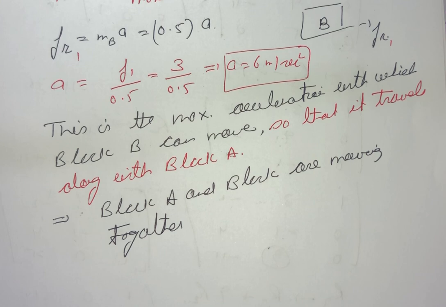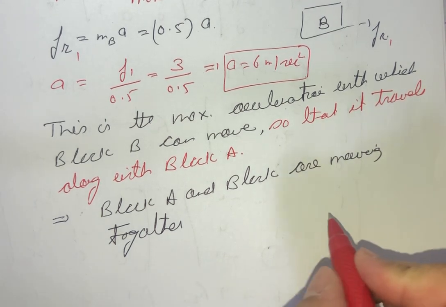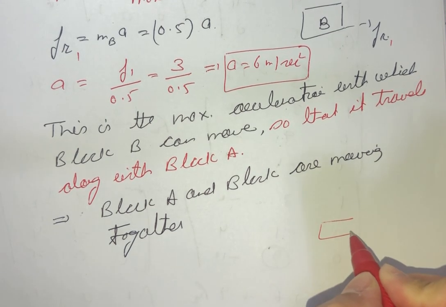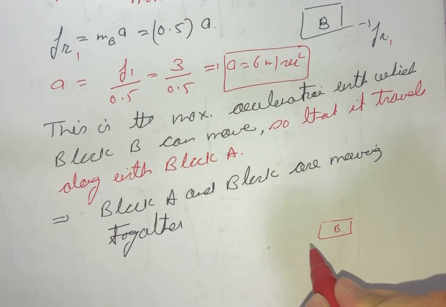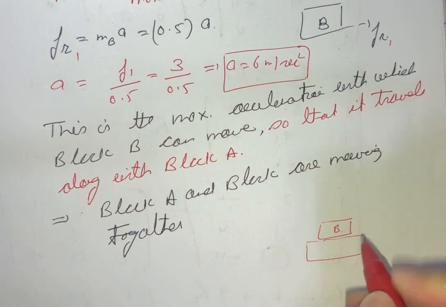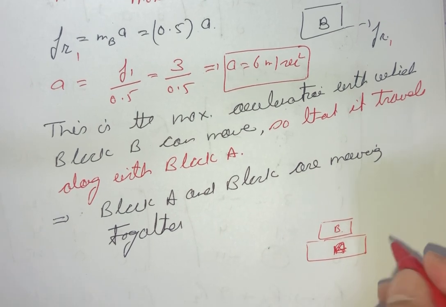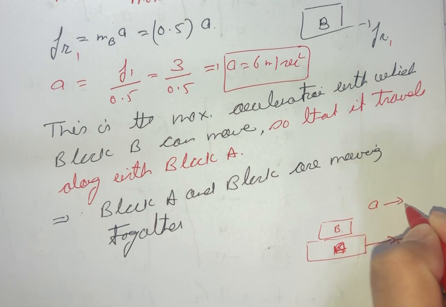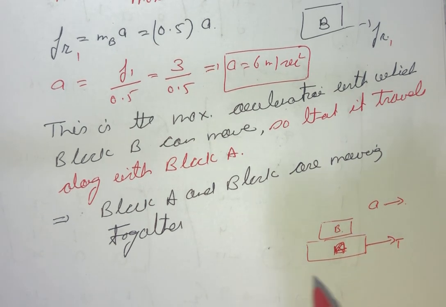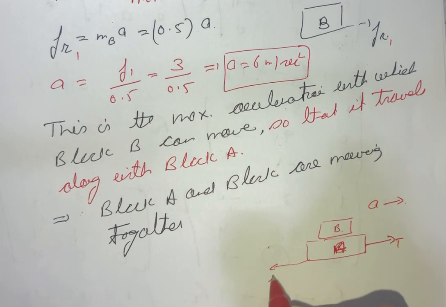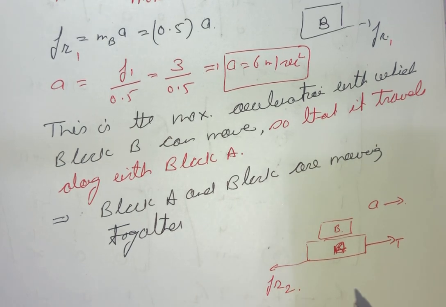So if they are moving together, this is our block B and this is our block A, and the tension T, there will be acceleration a, and we have this Fr2.